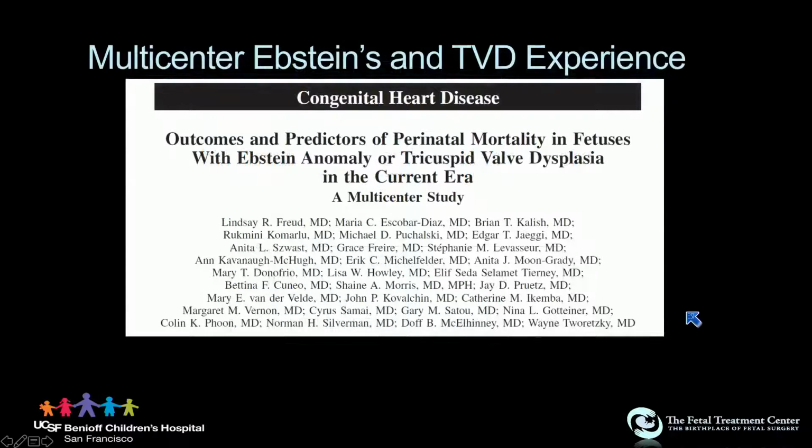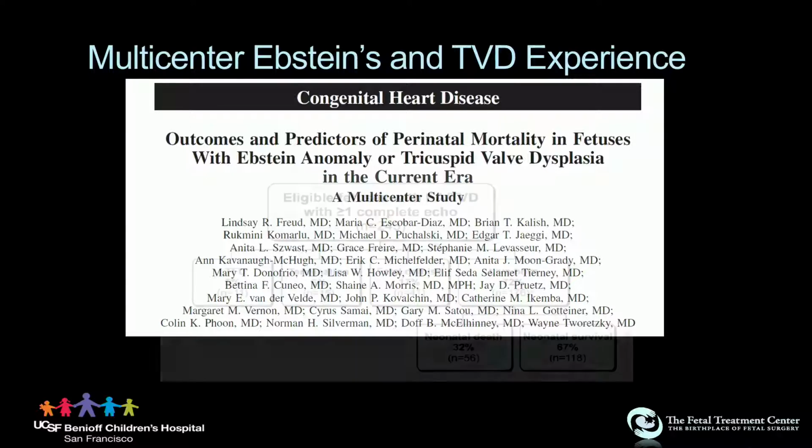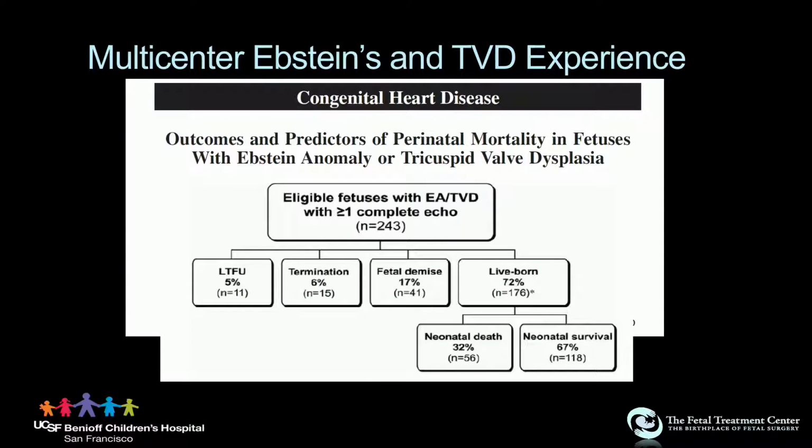So in the last couple of years, we've gotten together as a community and studied this together in this multi-center study of over 20 institutions combining their prenatal diagnosis of Ebstein's and tricuspid valve dysplasia, led by the group in Boston.